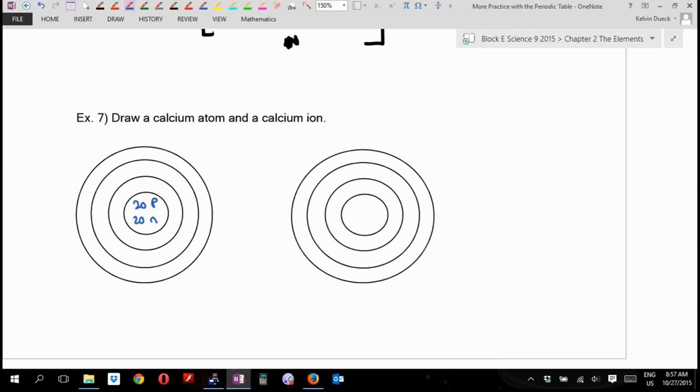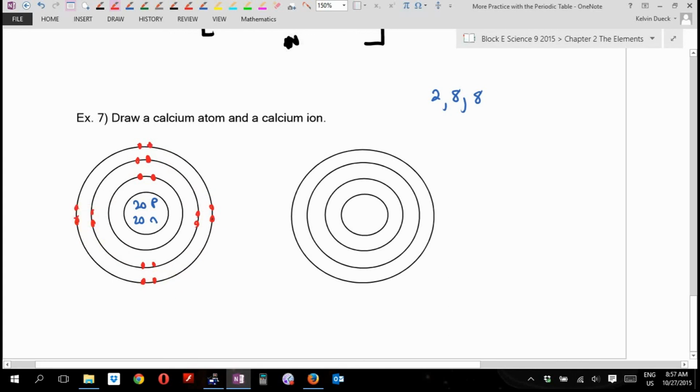I've memorized this from the periodic table, so I can almost, without thinking about it, say, oh, I'm going to have 2, then I'm going to have 1, 2, 3, 4, 5, 6, 7, 8, 1, 2, 3, 4, 5, 6, 7, 8.